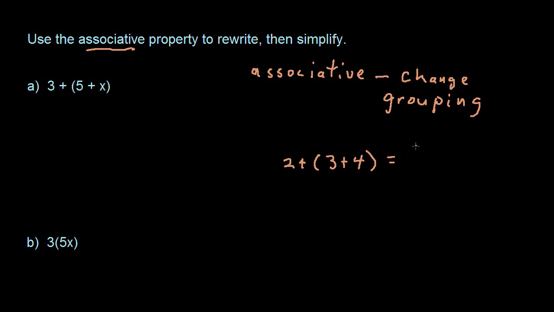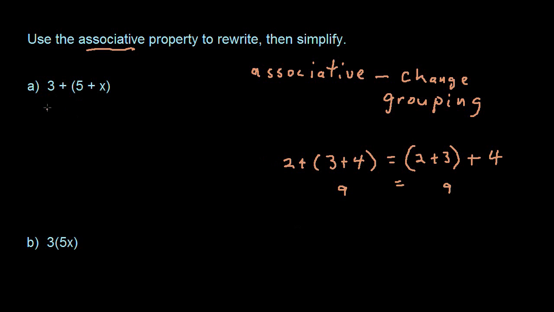We can change that grouping and group the first two together, 2 plus 3, put those in parentheses, and then plus 4. Notice that 3 plus 4 is 7, plus 2 is 9, and 2 plus 3 is 5, plus 4 is 9, so they are equivalent.